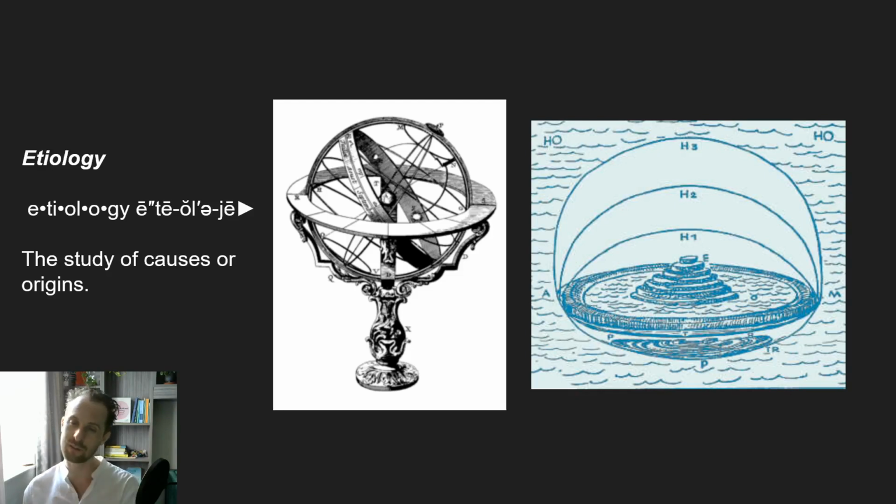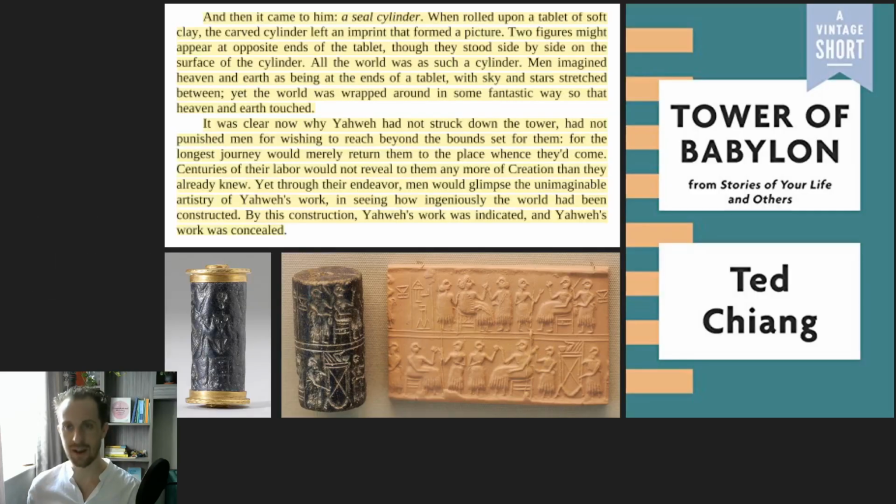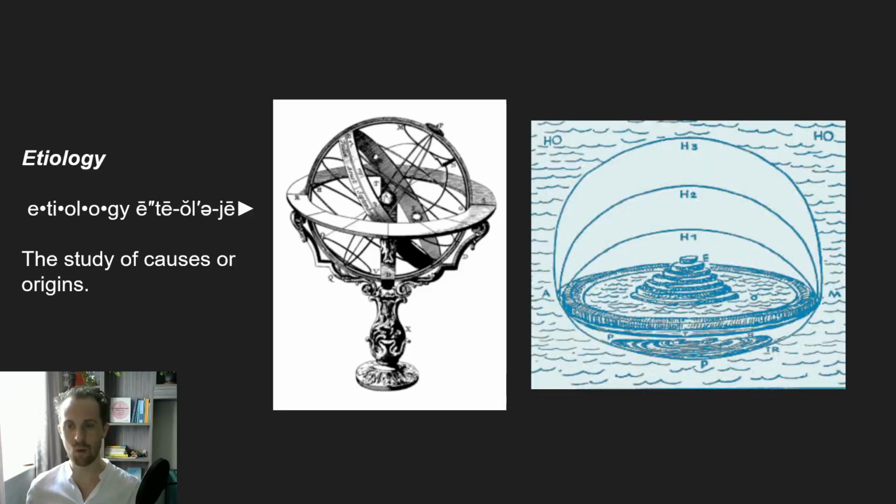And the sort of model of the universe that Ted Chiang is looking at, whether it's this seal cylinder shape or these sort of layered spheres shapes. These images come from some science fiction forums where people are discussing Ted Chiang's story. They're all quite consistent with many of the models of the universe that were popular with Mesopotamian and Hebrew mythologies.